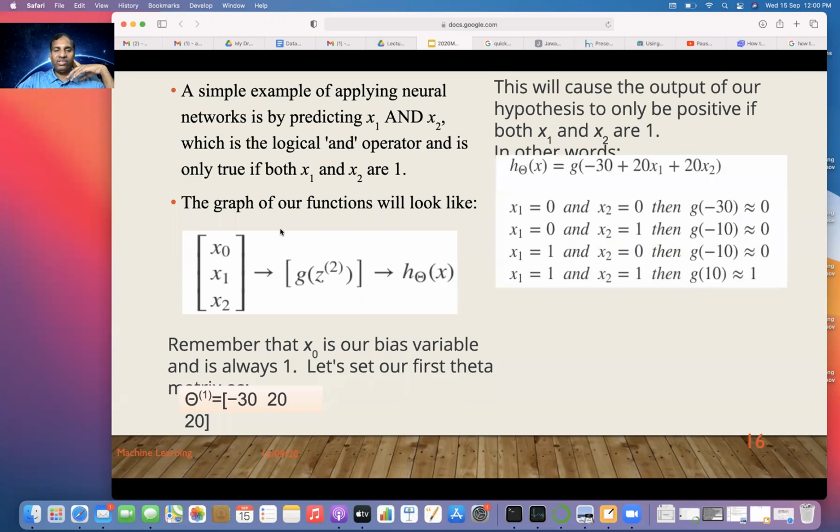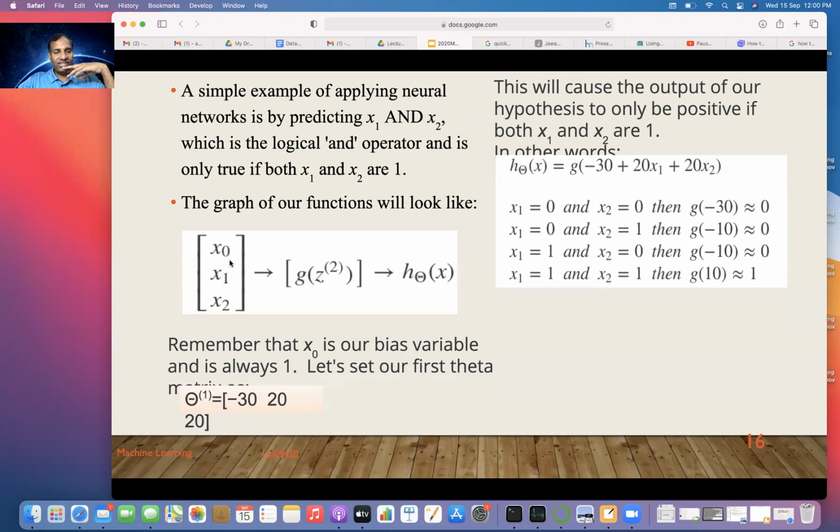if your inputs are only 0 or 1, suppose, and you take these weights, minus 30, 20, 20, so if it is to mimic the AND gate, then it should become a non-zero value, 1, only in the case where both x1 and x2 are 1. So now what will happen?